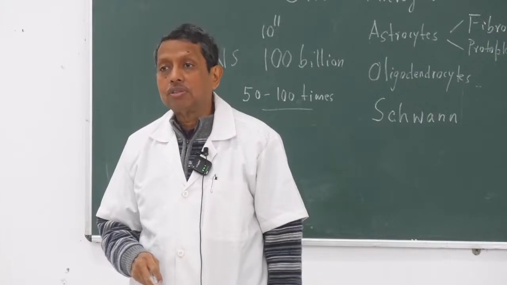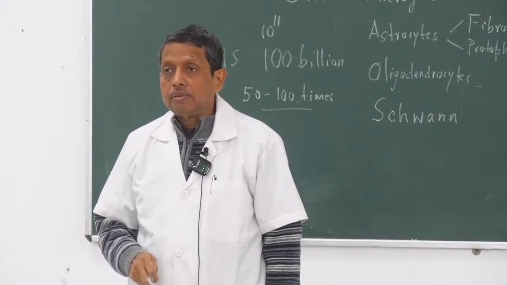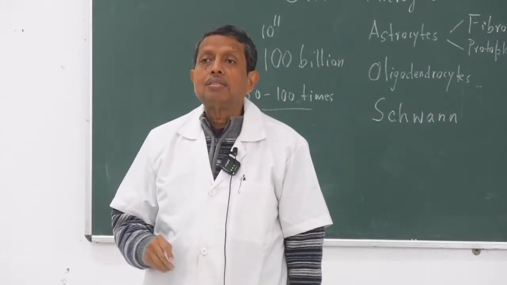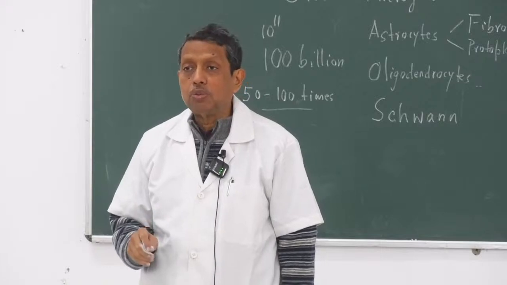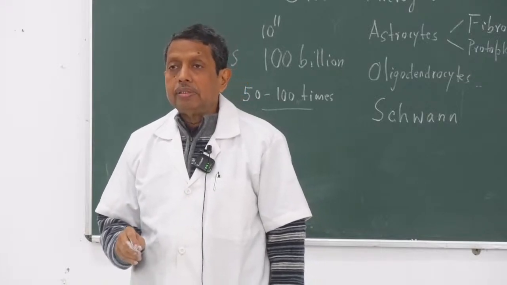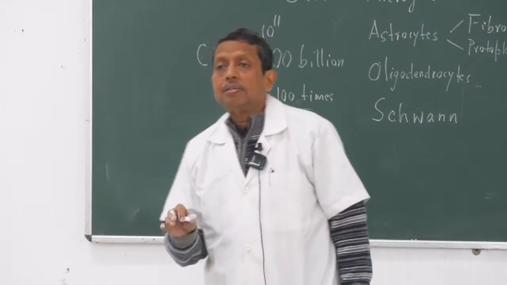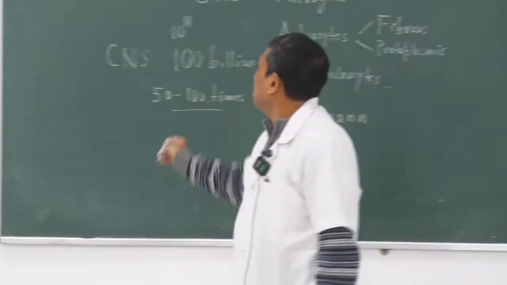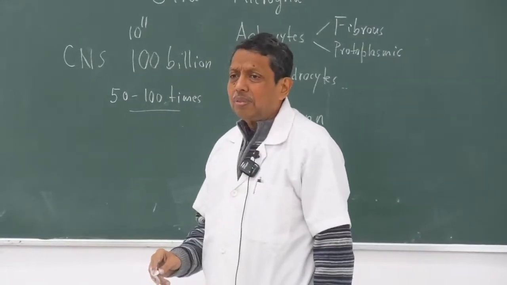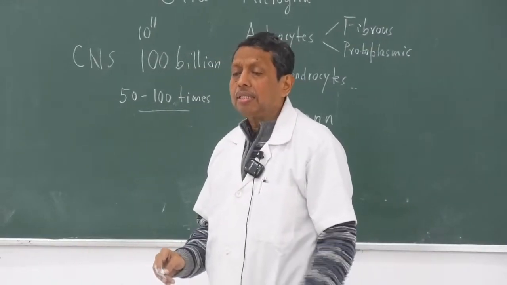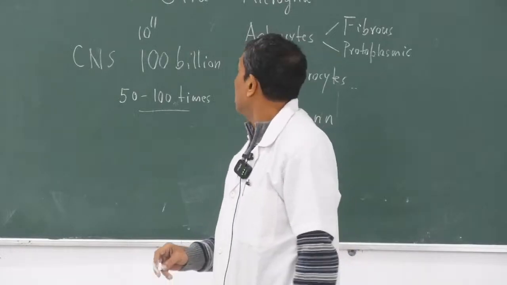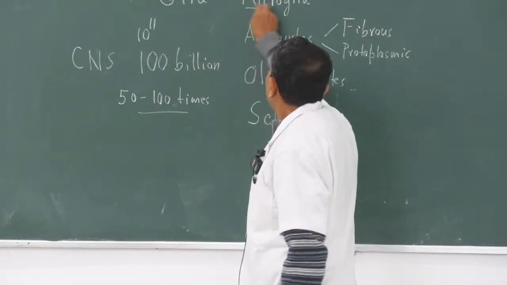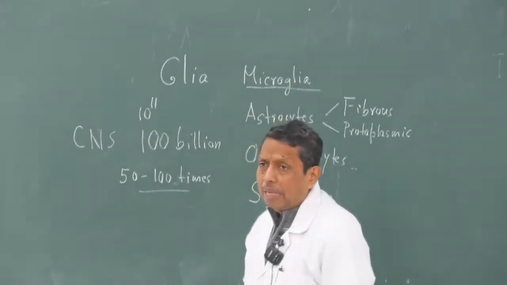They have numerous functions. Previously, they were thought to be one sort of connective tissue within the nervous system, but numerous other functions have been recognized, and this number is growing. Now, the microglia is a scavenger type of cell.